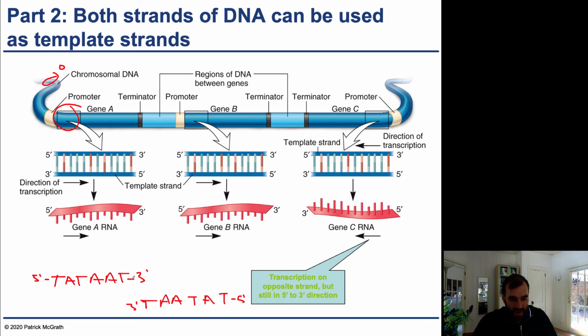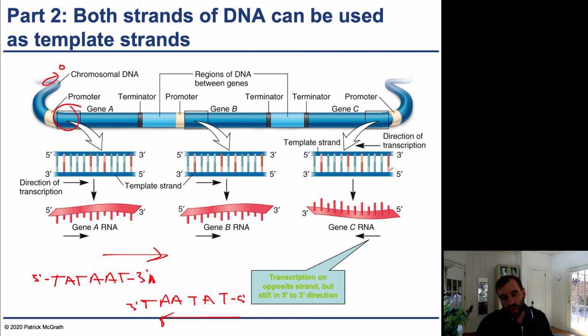So, this sequence right here, if you had TAT, AAT, then this would specify transcription in this direction. But if you had it on the opposite strand, then it would specify transcription in the opposite direction. So you have to remember where this consensus binding site is. Is it on the Watson strand, the top strand, or is it on the Crick strand, the bottom strand? Depending on which one it is, it will drive transcription in opposite directions.